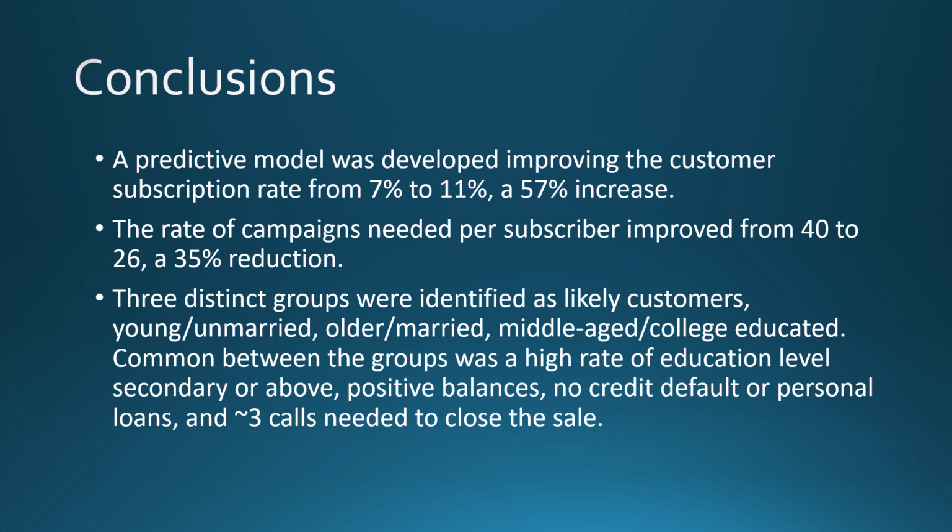We were also able to provide our client with more information about the likely subscribers. 3 distinct groups were identified as young and unmarried, older and married, and finally middle-aged and college-educated. Common between the groups was a high rate of education level, secondary or above, positive balances, no credit default or personal loans, and on average 3 calls were needed to close the sale.